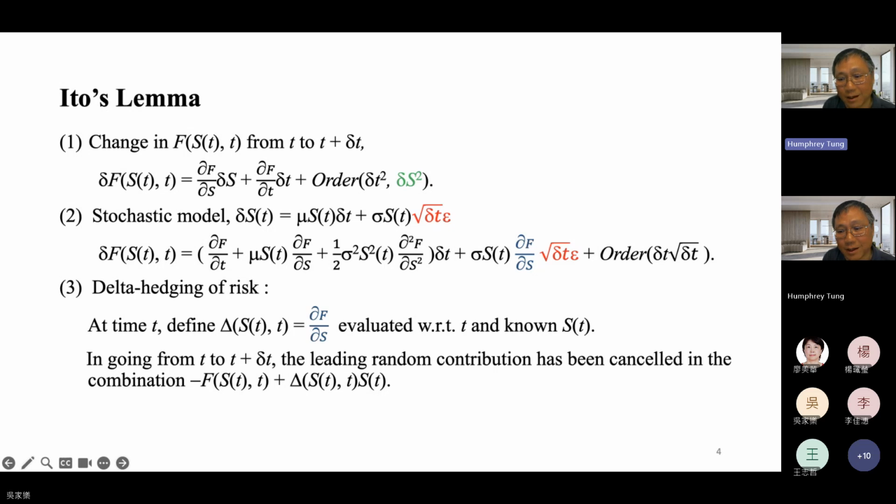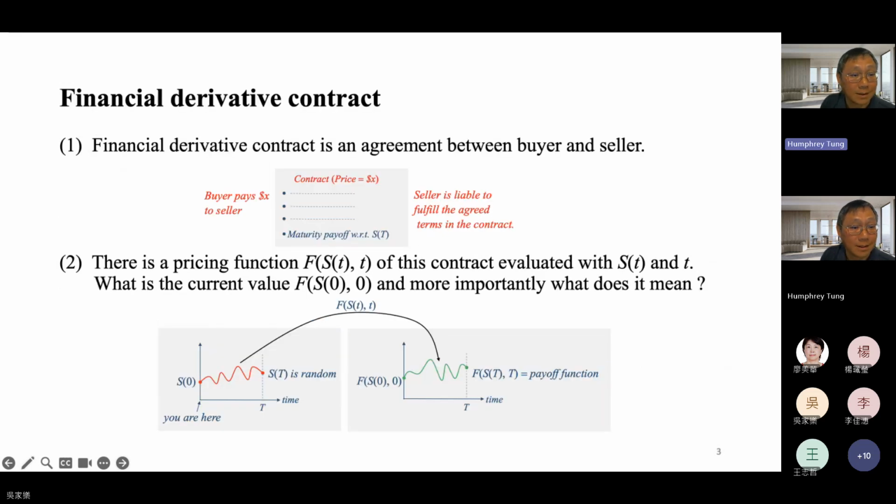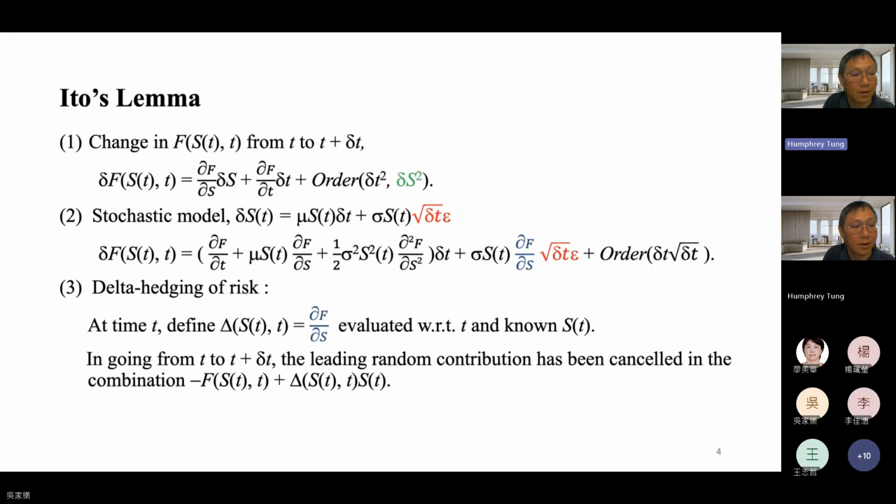The price that the seller receives, the seller doesn't simply receive the price and sit there and do nothing, waiting until the option matures to see what he or she got at the end. This price makes sense according to what we call delta hedging of risk. One slide back, one slide down.